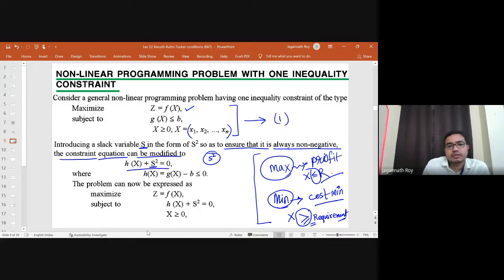So g(x) minus b less than or equal to 0 is written in this form, and the problem is now modified into this form with s squared.